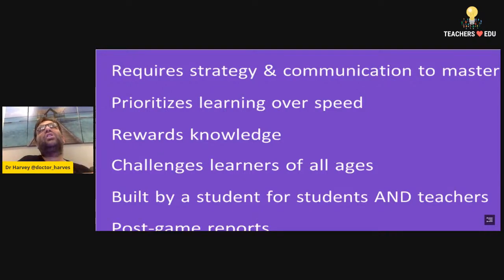You've got the anxious students doing the Kahoot, worried about the timer going down, so they try to answer the question quickly without actually thinking about it. The advantage of Gimkit is that it prioritizes the learning over the speed to get the right answer. It's rewarding your knowledge rather than how fast you can answer the questions.